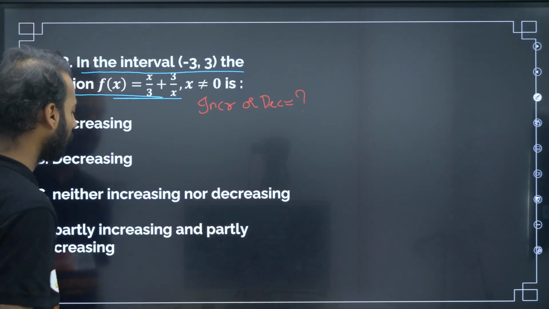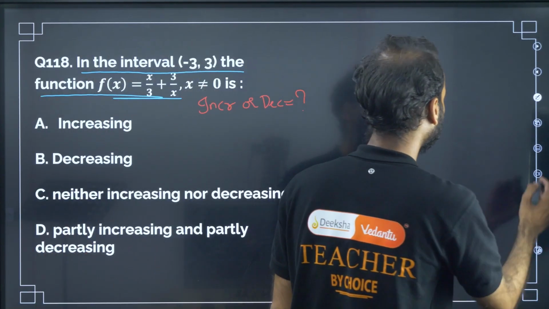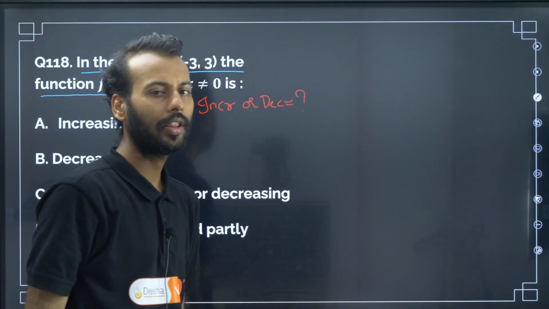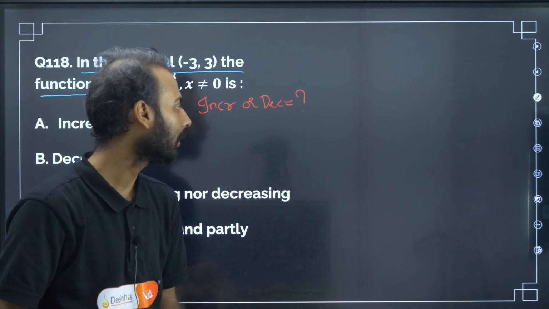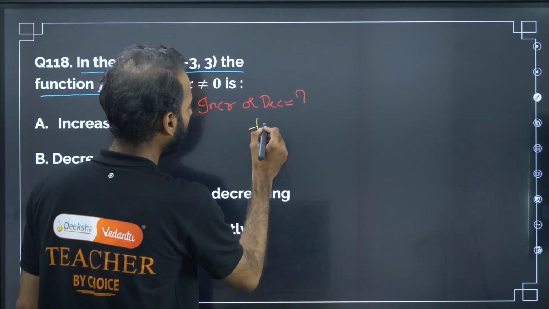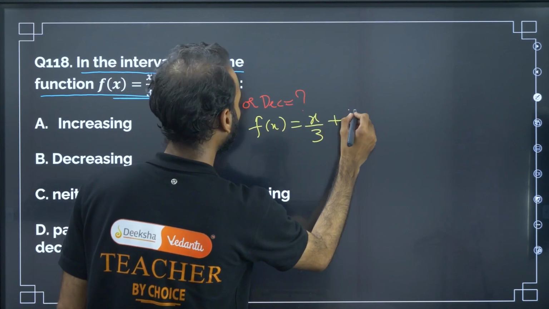This we have to find. Now the moment you see increasing function, decreasing function, f dash of x greater than 0 means it is an increasing function. F dash of x less than 0 means it is a decreasing function. So f of x they have given, let me copy. F of x is equal to x by 3 plus 3 by x.